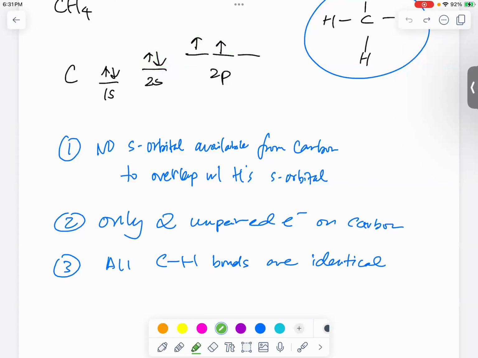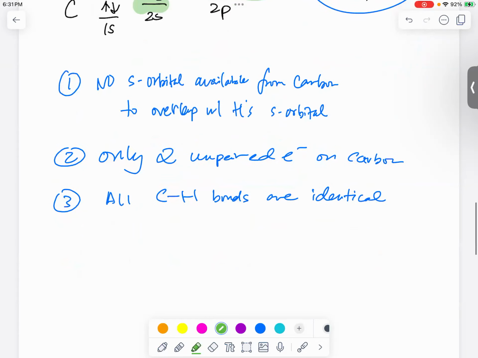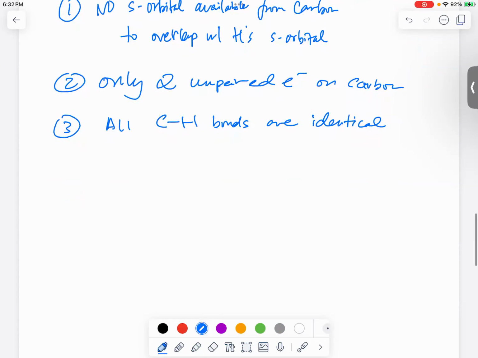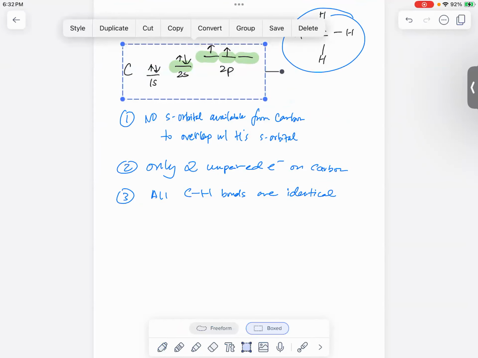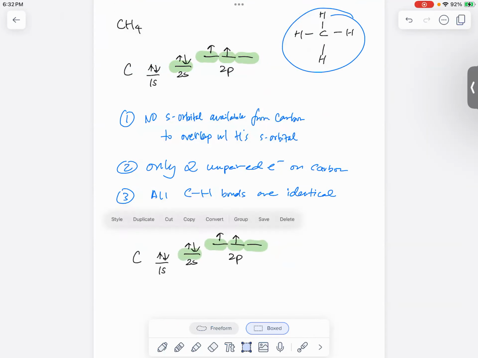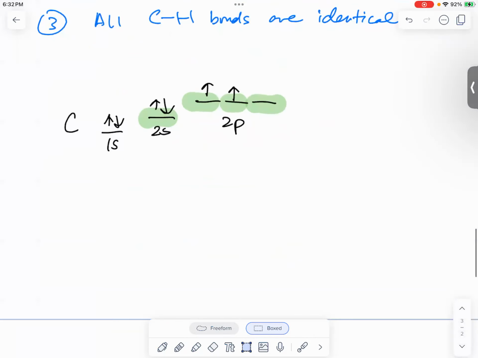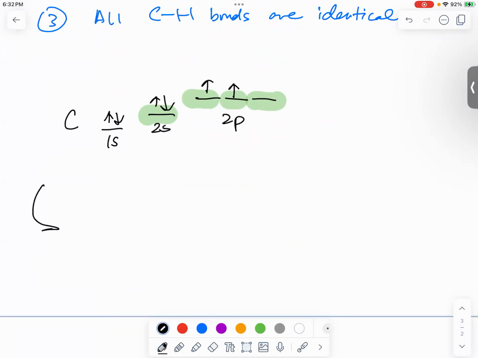That's interesting. And then we say, wait, hold on. How many orbitals are there in the second energy level? 1, 2, 3, 4. So if CH4 is capable of making 4 single bonds, what could likely happen is this.